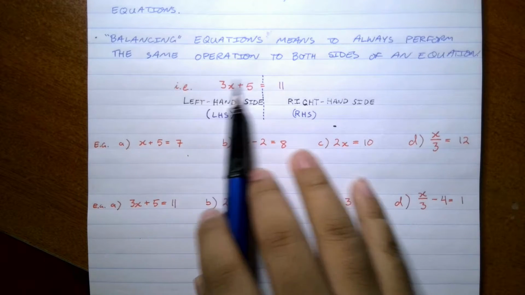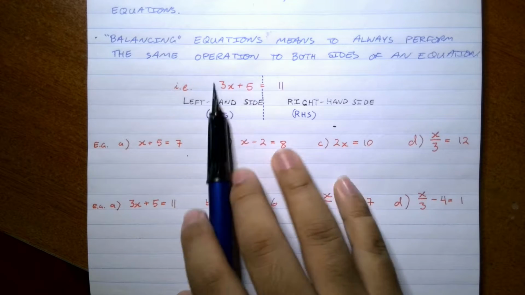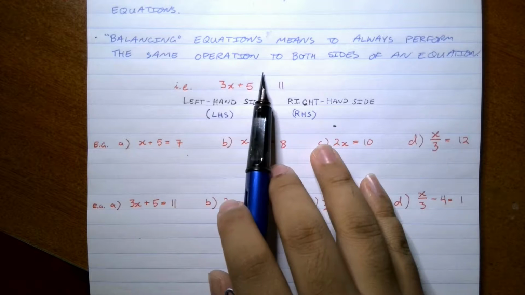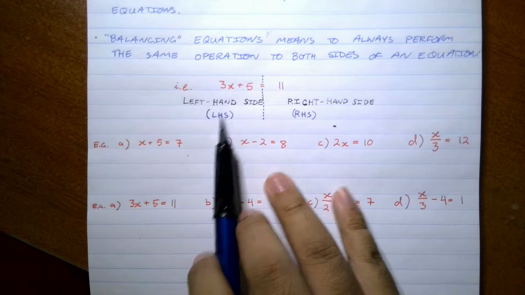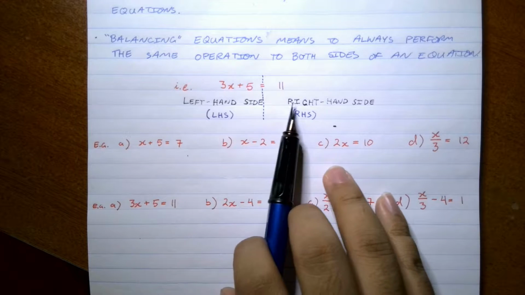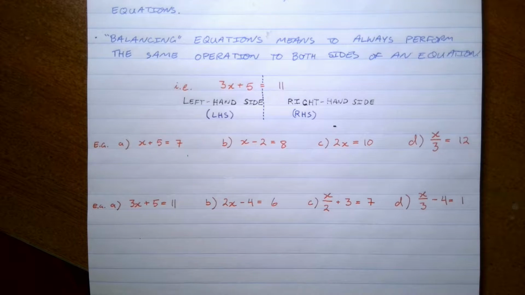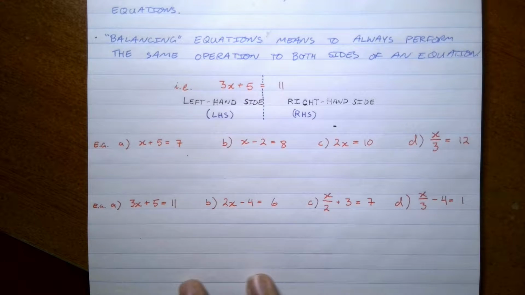Here is an example. We have the expression 3x plus 5 equals 11. And the equal sign splits the equation into the left-hand side, LHS, and the right-hand side, RHS. Whatever we do to the left, we must do to the right.